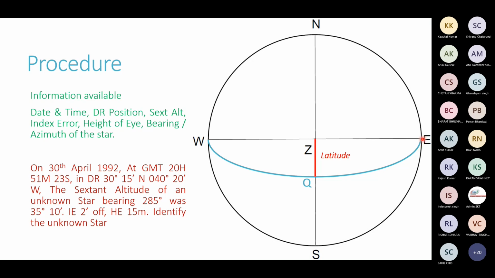Now, once the equinoctial is identified, we can draw the celestial pole. The celestial pole is 90 degrees away from the equinoctial. And whichever hemisphere the observer is in, the same hemisphere's celestial pole will be visible to the observer. So in this case, the observer is in the northern hemisphere.